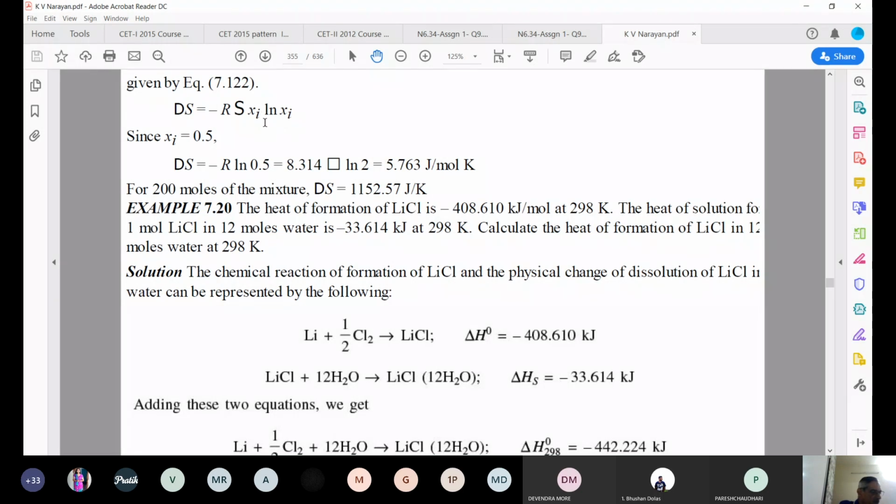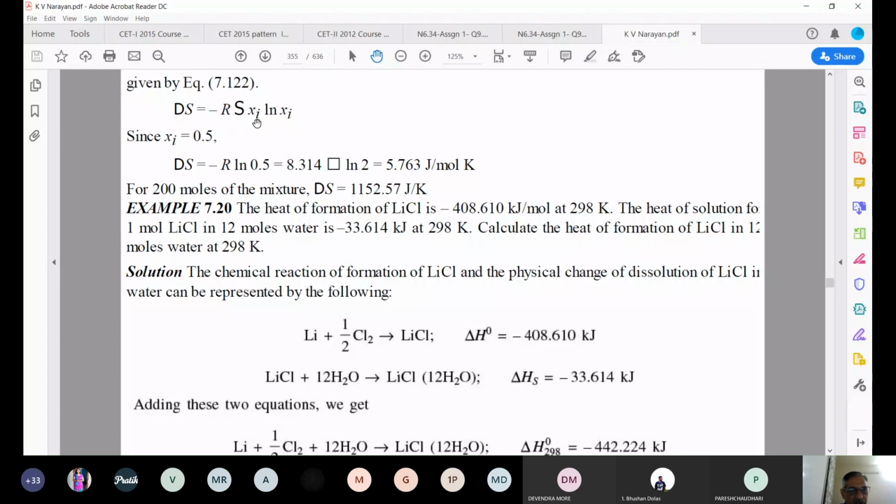Let me see. The scan did not come out properly. Let me check. Okay, because it is a summation, right?